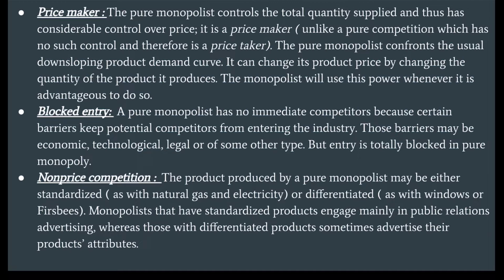The product produced by a pure monopolist may be either standardized, as with natural gas and electricity, or differentiated, as with windows or frisbees. Monopolists that have a standardized product engage mainly in public relations advertising, whereas those with differentiated products sometimes advertise their products' attributes.